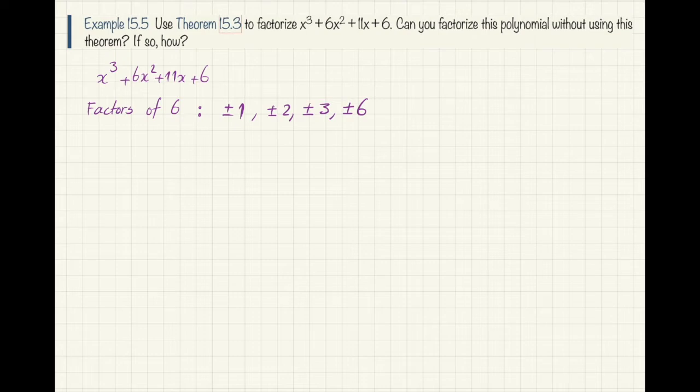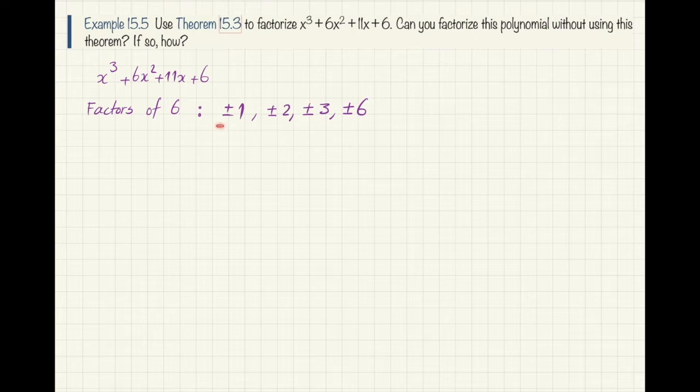So I have 8 numbers in my list. I start checking them one by one. As soon as one of them works, that is my root. Then I can immediately use the long division process to factorize my polynomial.